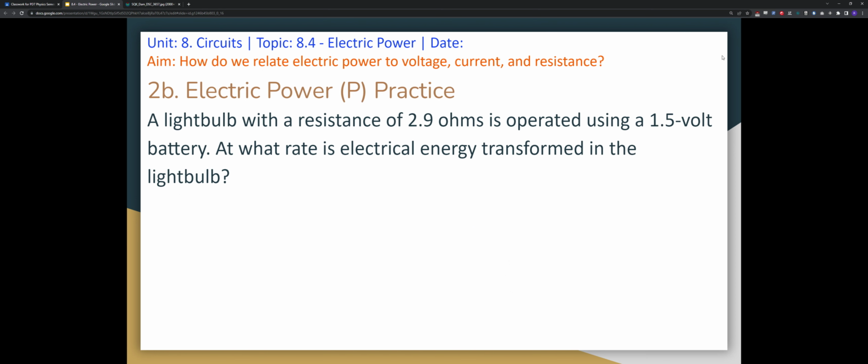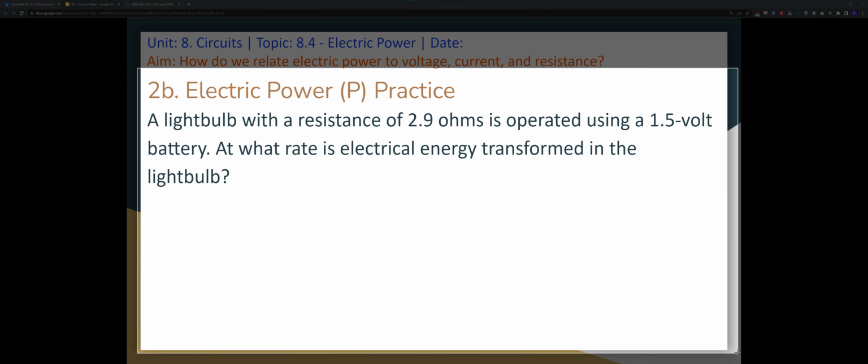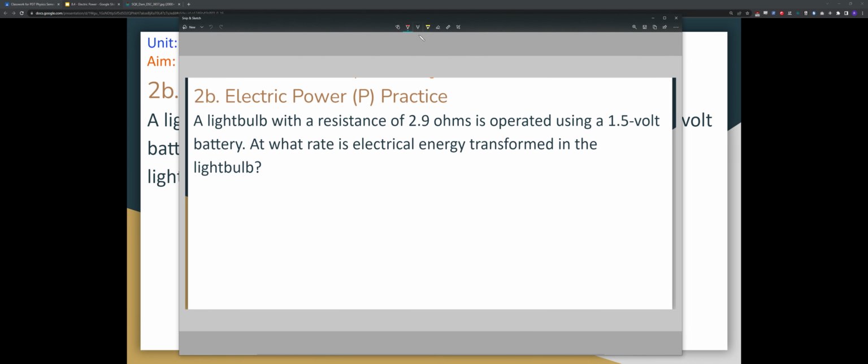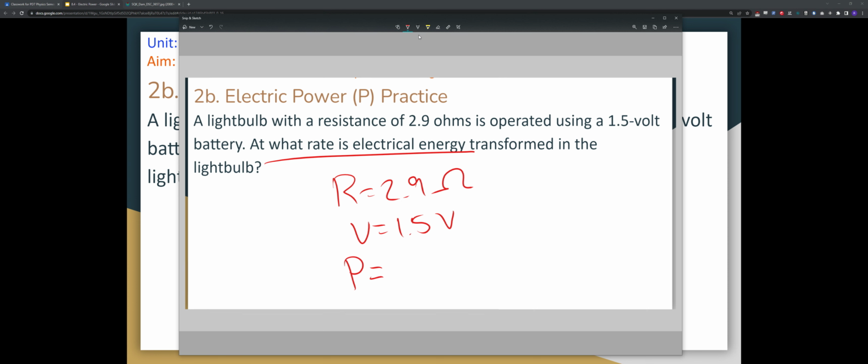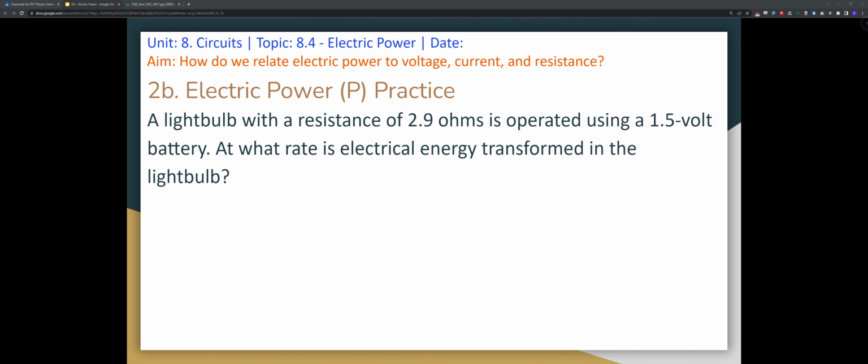2B is doing the same thing, right? So they're saying resistance of 2.9 ohms, and you have a voltage of 1.5 volts. And what is the rate at which electrical energy is transformed? When you see that rate of energy, well, they're looking for power, electric power, not work.